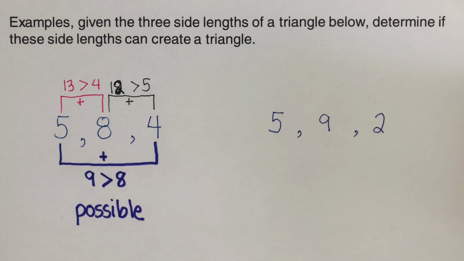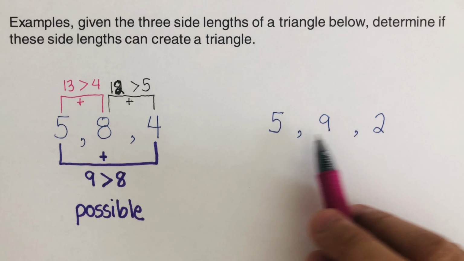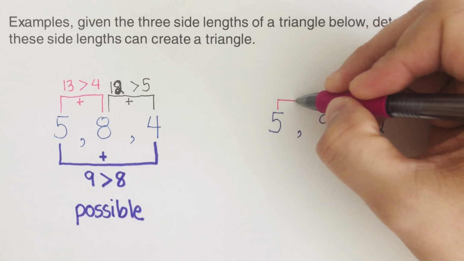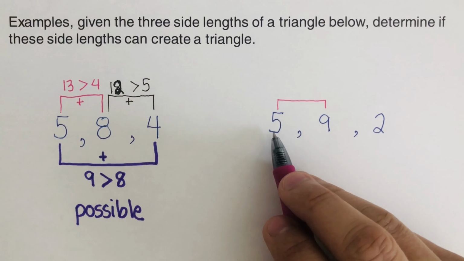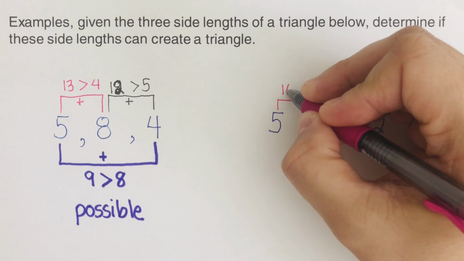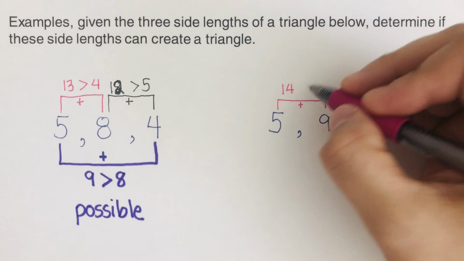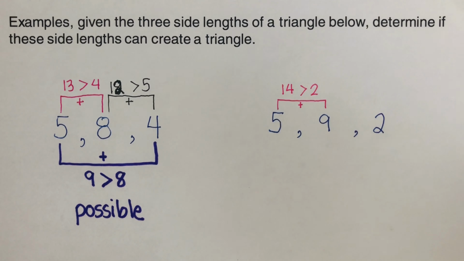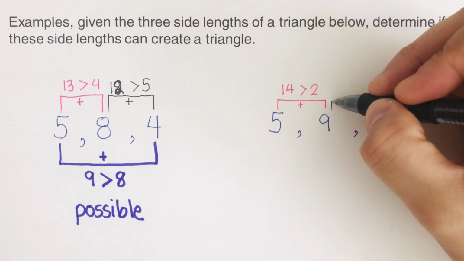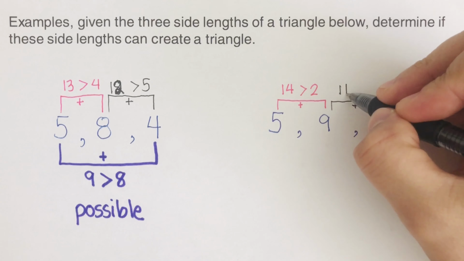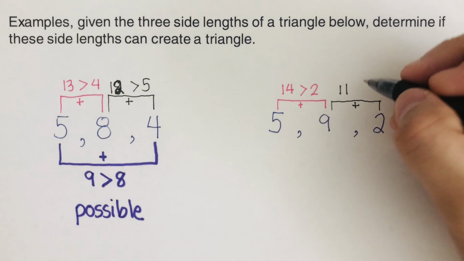Okay, let's go over this. Is it possible to create a triangle from these side lengths? Let's test it. We add 5 and 9. 5 plus 9 is 14. Is 14 greater than 2? Yes, it is. Now let's move on to the next one. 9 plus 2 is 11. Is 11 greater than 5?